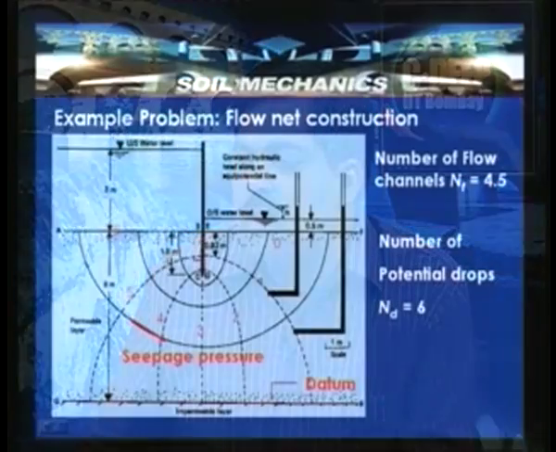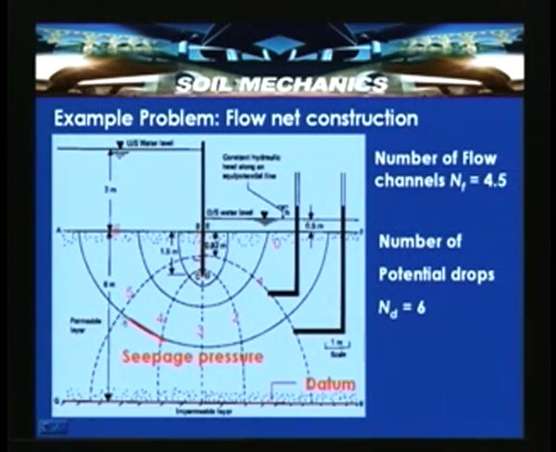The head loss which is occurring, for example, if you consider equipotential line 5, the potential, that is the total head, at any point along this particular line will be the same. But the potential drop between 5 and 4 occurs because the flow is taking place over a length of distance between 5 and 4, and then it reduces to a drop.